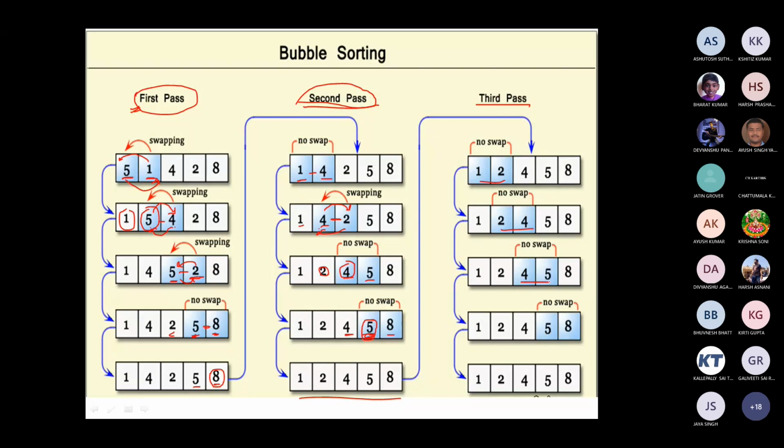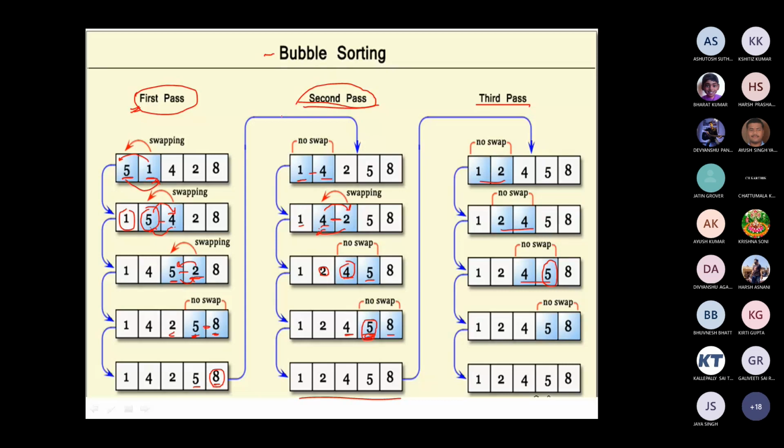Then the third and fourth, we don't require 4 and 5 because 5 is already in its position. So that is the procedure. After the third pass, or we can say after the second pass, all the elements are in their position. That is the mechanism of bubble sort.